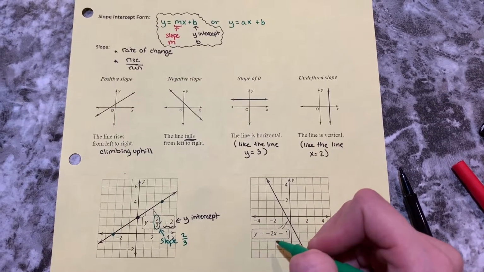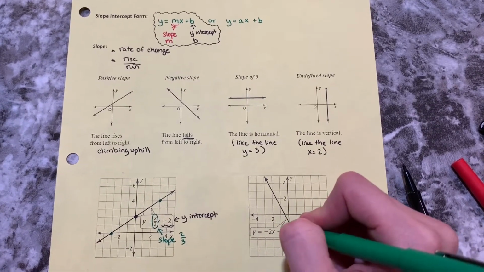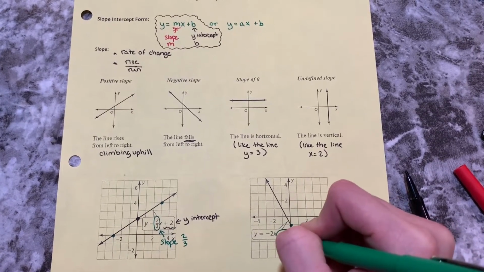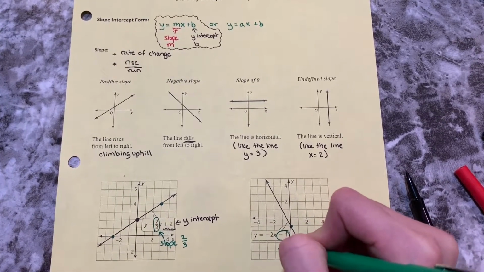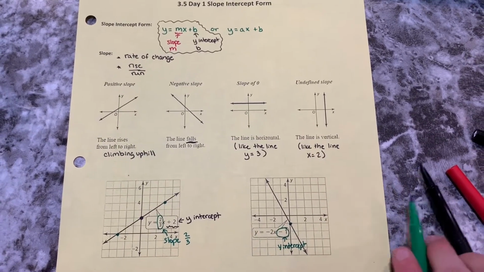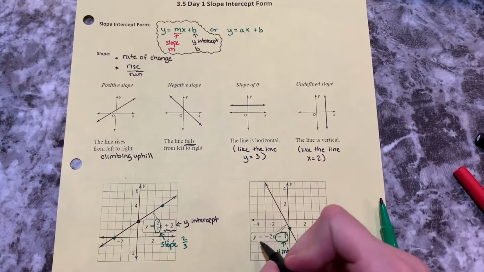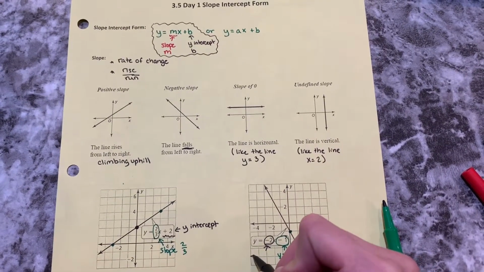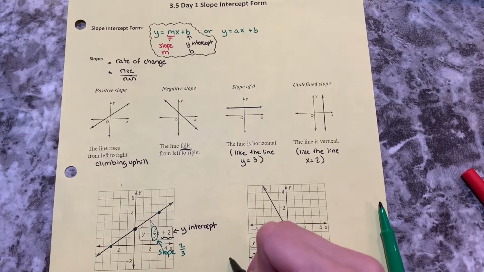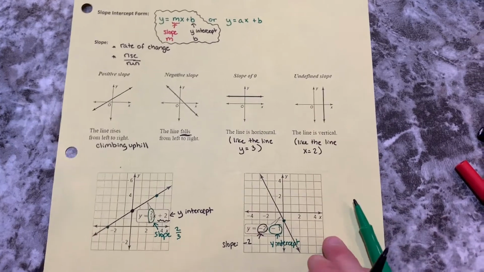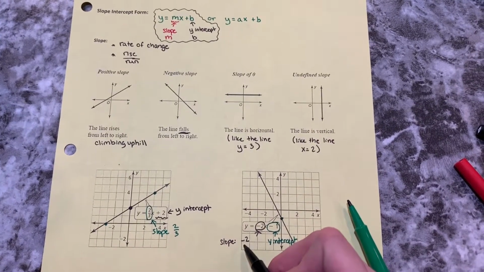Right here, y equals negative 2x minus 1. That negative 1 is the y-intercept. And then right here, the number in front of the x is the slope. Okay. And take a look at that number too. Notice how that slope is negative.